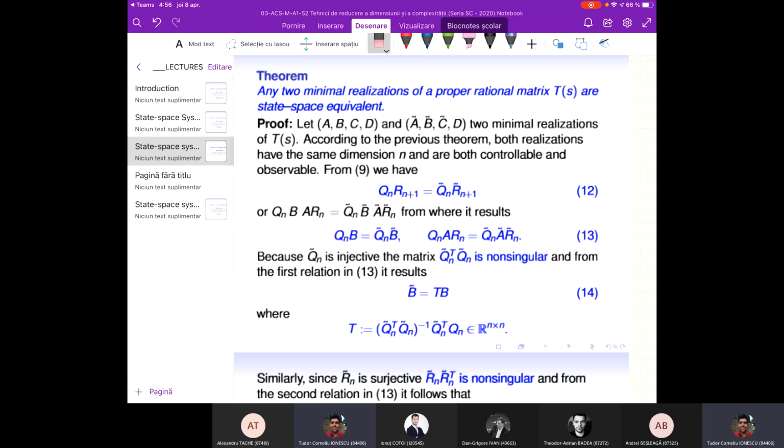This is the same as this, and this is the same as this.